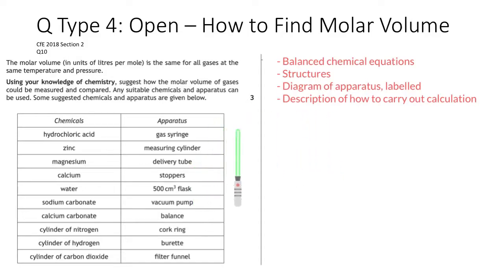So looking over here, how do we calculate a molar volume? Well, the volume of 1 mole of gas: if we know how much of a chemical is reacting, we know the moles of gas we expect, and we can measure the volume of gas produced, we can link the moles to the volume.